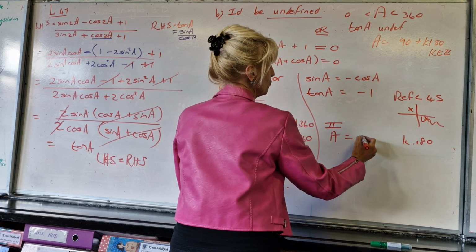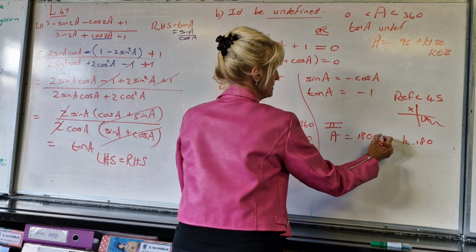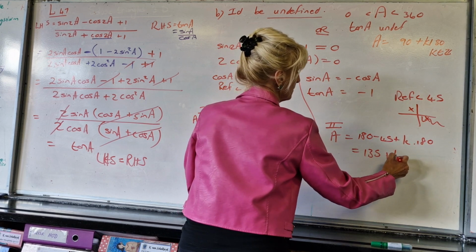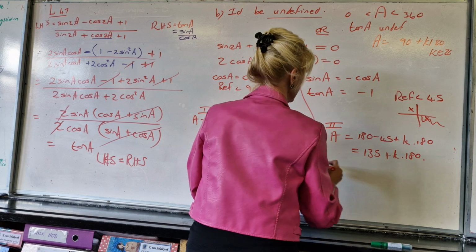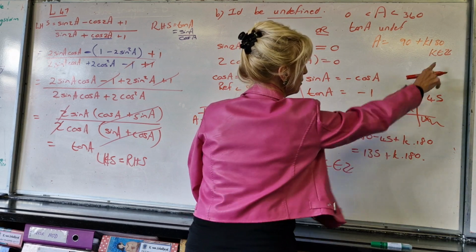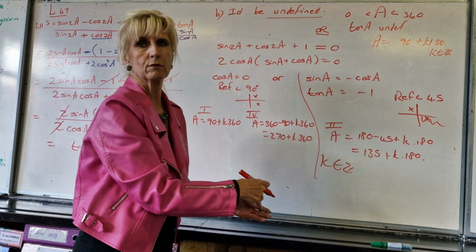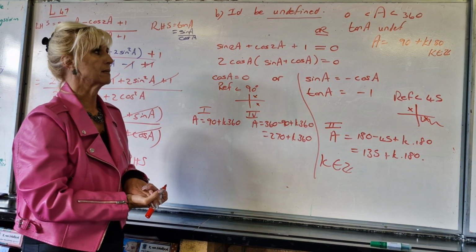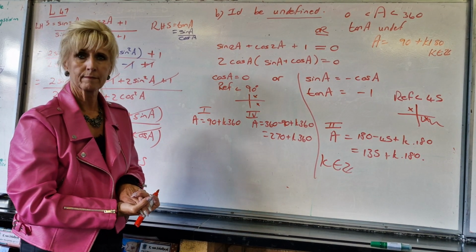So then it will be for quadrant number 2, 180 minus 45, and that will be 135. And 180 k, but I already wrote it there, so it's unnecessary, but you can rather write it twice or 3 times, it's okay. And I'm done. No, I'm not done.